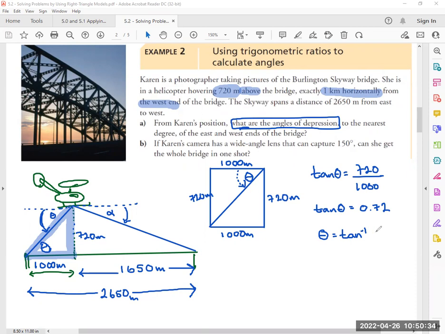I brought the tangent to the other side. In other words, I removed the tangent from the angle. I did the inverse of tangent to both sides. And plugging that into the calculator because there's no other way to solve this per se. Inverse tangent of 0.72. Get ourselves 35.754 degrees. So this angle of depression is 35.754 degrees.